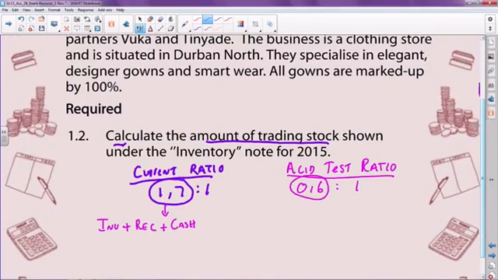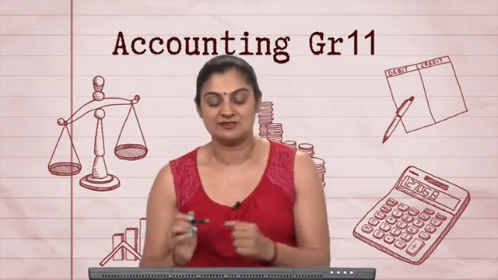Right, now let's examine this 0,6. What is the 0,6 made up of? This amount, remember, is your current assets, but it now excludes inventory, without inventory. So this is made up of trade and other receivables plus cash and cash equivalent. So in other words, the difference between the current ratio and the asset test ratio, if we compare the 1,7 to the 0,6, the difference represents your stock figure or your stock ratio as a percentage to your current liabilities.